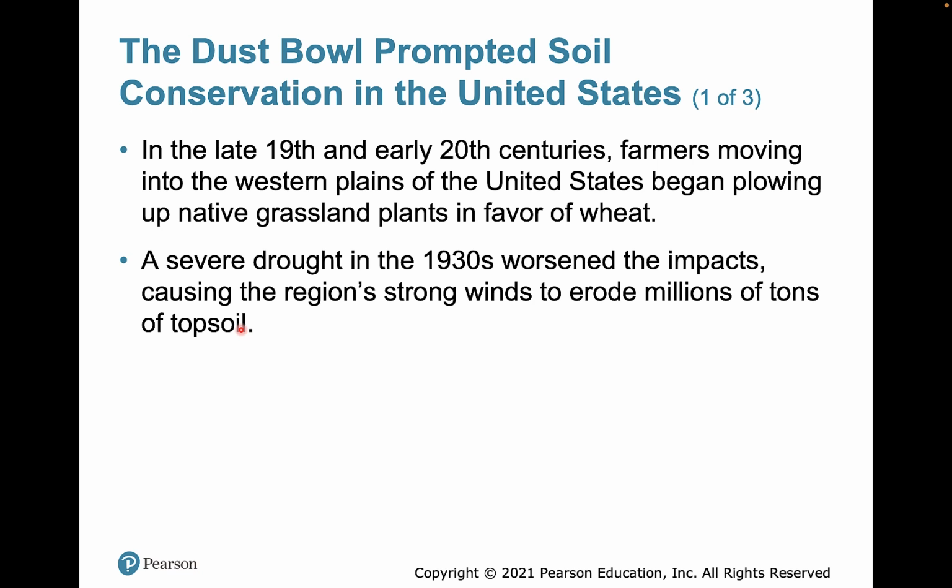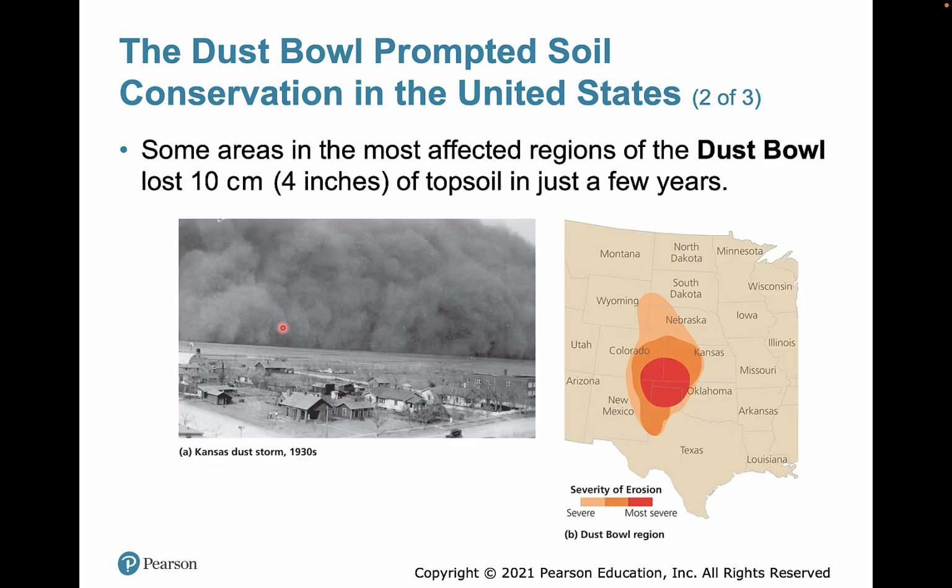Post-World War I, sorry. There was a really severe drought in the 1930s that worsened the impacts of that soil loss and that change in soil structure. That wound up creating really strong winds that wound up eroding millions of tons of topsoil. And it created something called the Dust Bowl.